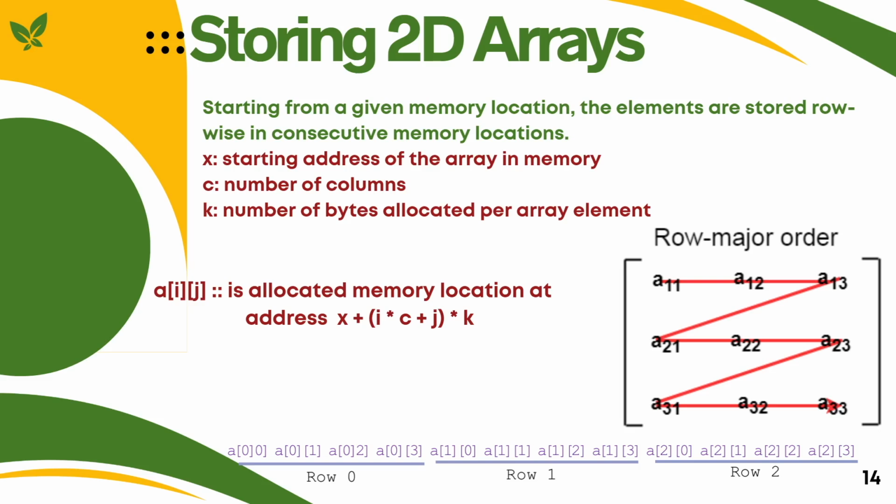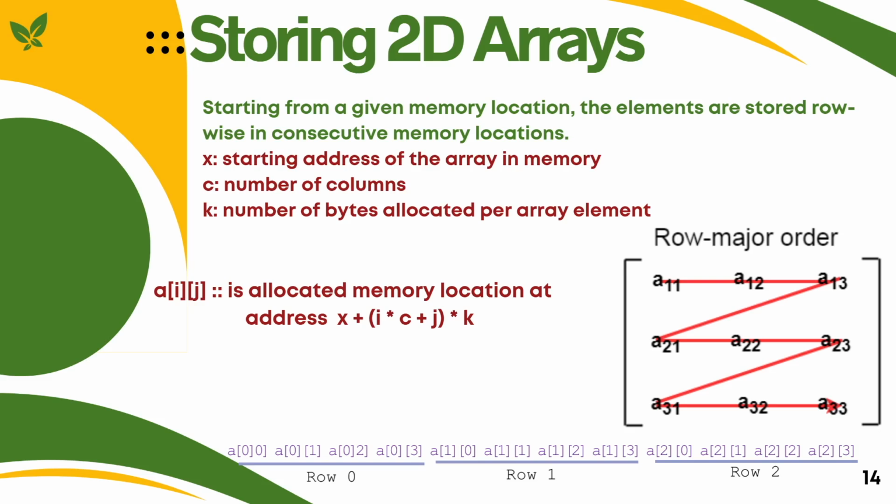We can compute the address of any element A[i][j] as the base address of the array, which is the address of x, plus i into C plus j into k, where i is the number of rows you have, j is the number of columns you have, and k is the number of bytes allocated per element.